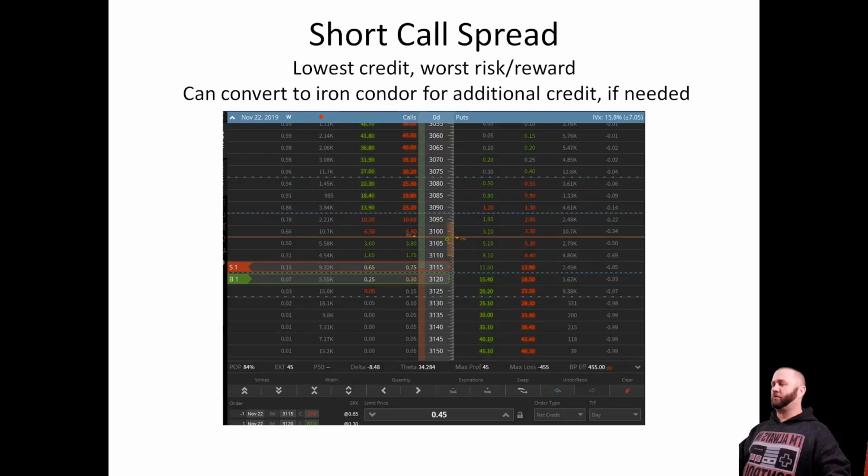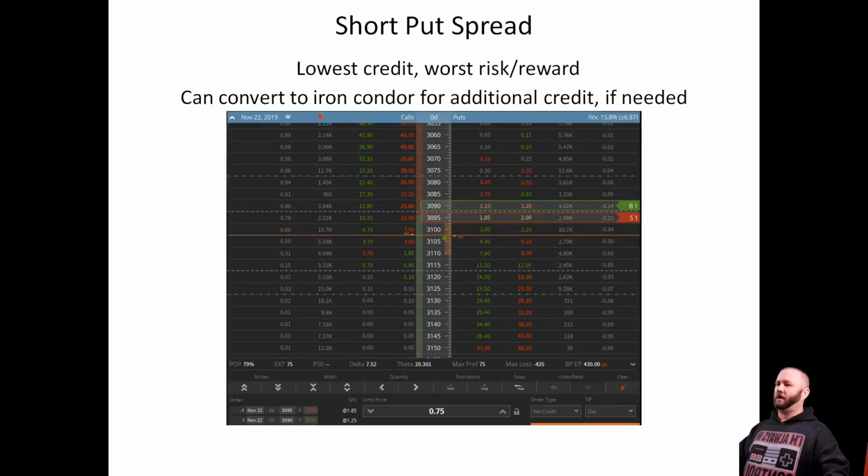Now, if you have an upward market like we've been in lately, the short put spread is your bet. But again, the risk to reward is not the greatest, right? You're getting the lowest credit most of the time here, so very little credit for as much risk as you're putting up. However, if it's in a trending market, it might be your safest bet. You still have good probability, so it's a higher chance than those Iron Flies.